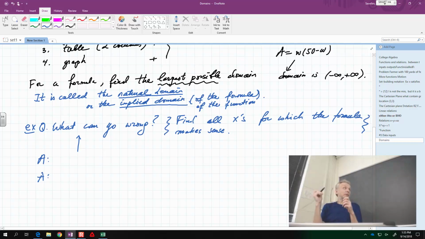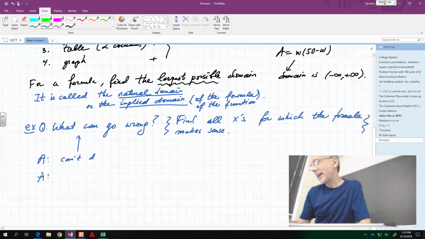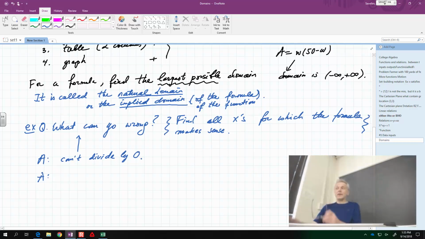Can't you think of an exception? That's right, you cannot divide by 0. Division is an exception, and inside of that exception is 0. You can divide any 2 numbers as long as the second one is not 0. That's the only exception.